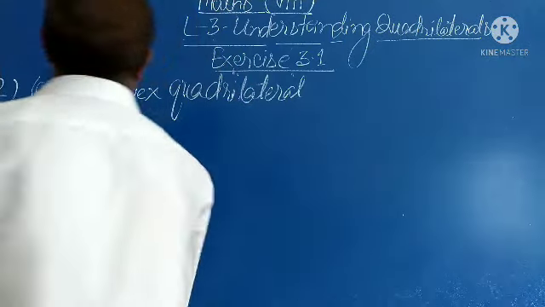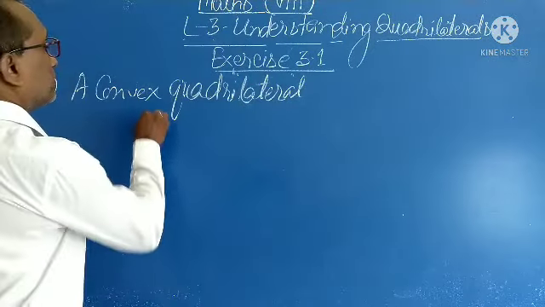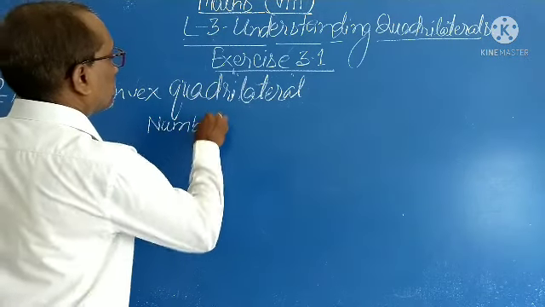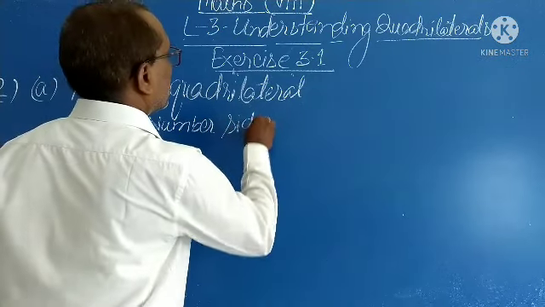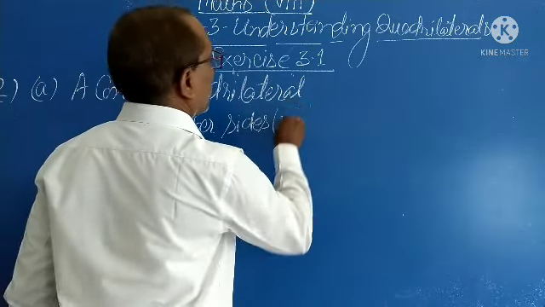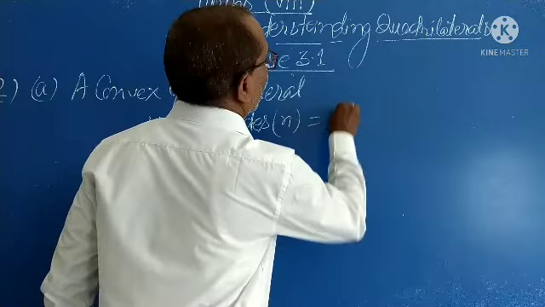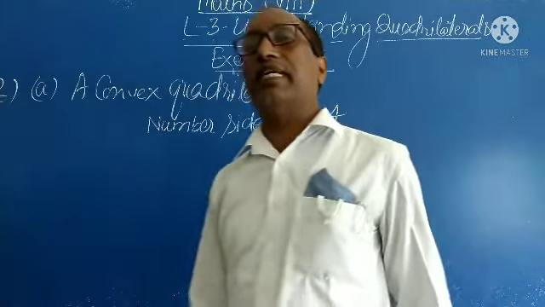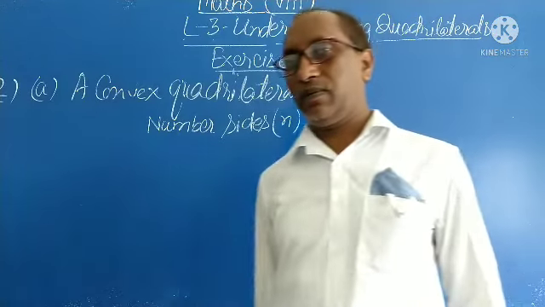First of all, you write the number of sides. N is equal to 4. In the quadrilateral, you have a 4-sided figure. This means N is equal to 4.